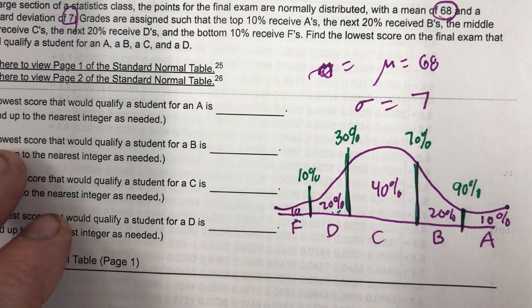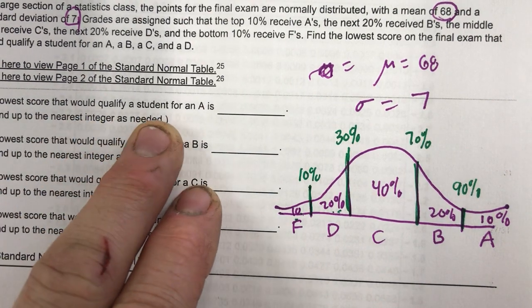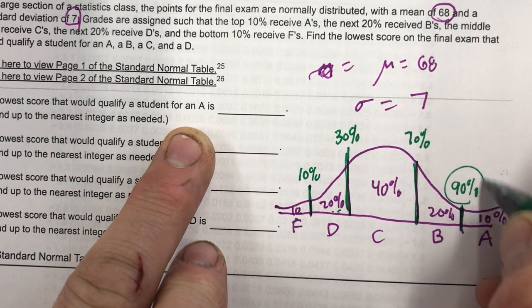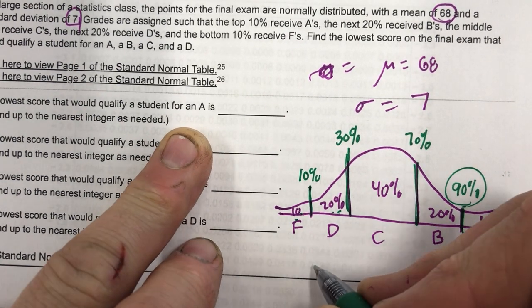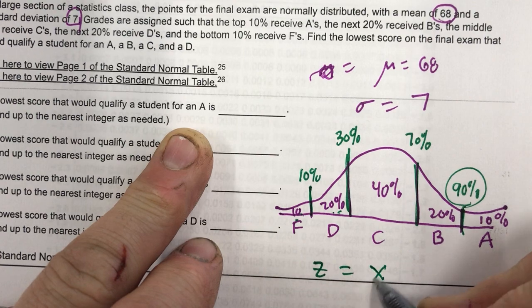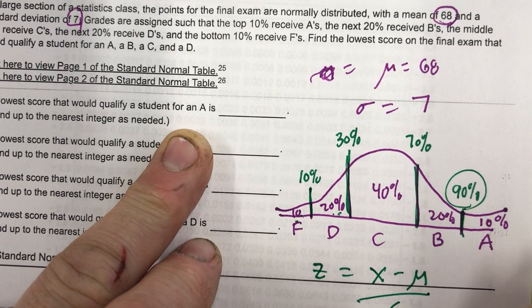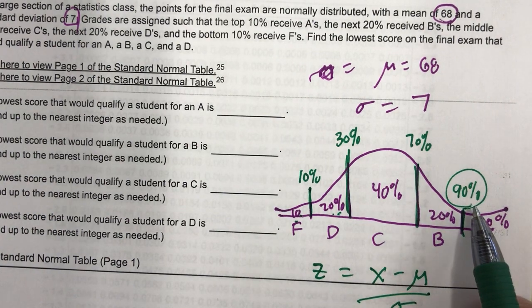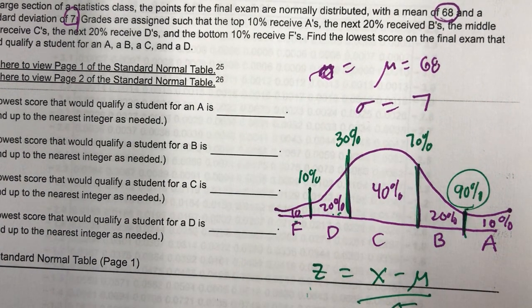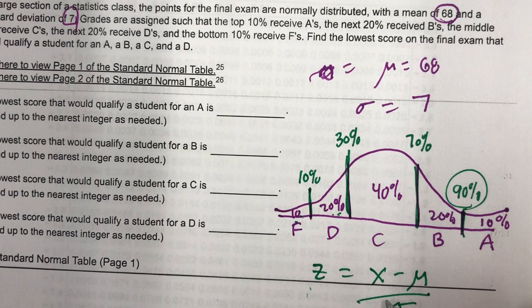All right, so the lowest score that would qualify a student for an A, that's 90%. So I look up that percent to get the z-score. Now remember, z equals x minus mu divided by standard deviation. So I want to look up the 90th percentile, see what z-score that has. I'm wanting to figure out the x.